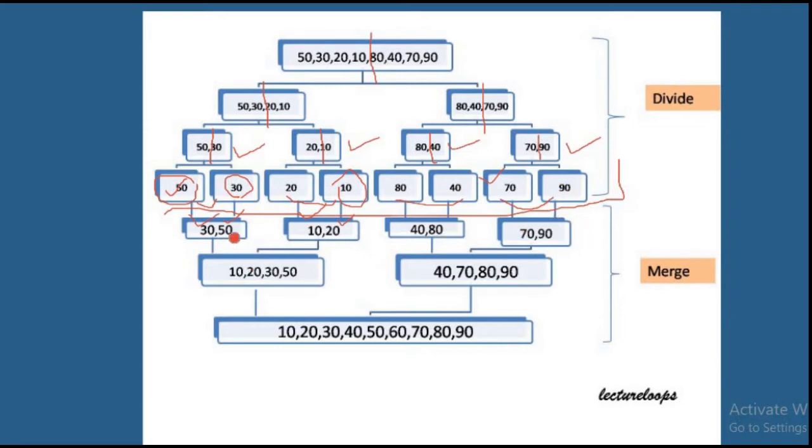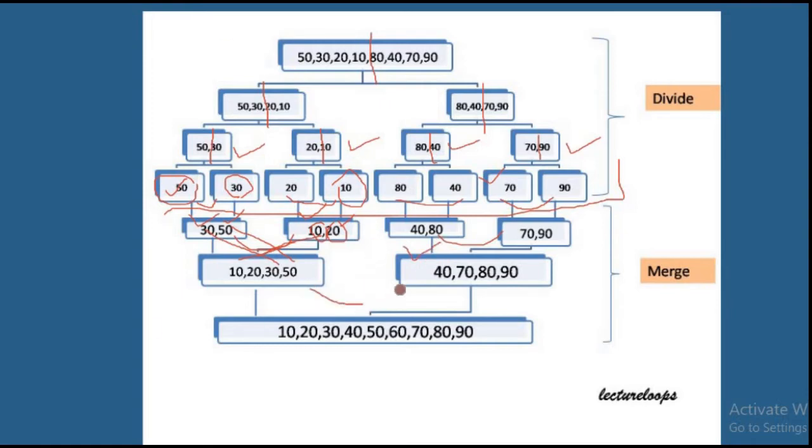Again we have these subarrays. Now we are going to combine these two subarrays and these two subarrays, and again we will keep in mind that the list should be sorted. So 10 is the smallest, so it will go first, then 20, then 30, and then 50 will go in the resultant array. In the same way this list will also be prepared.